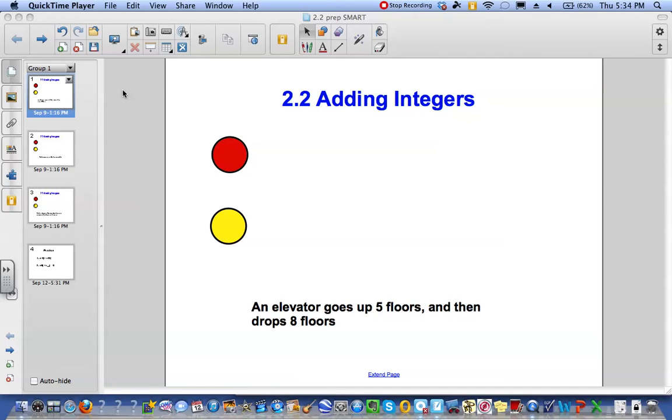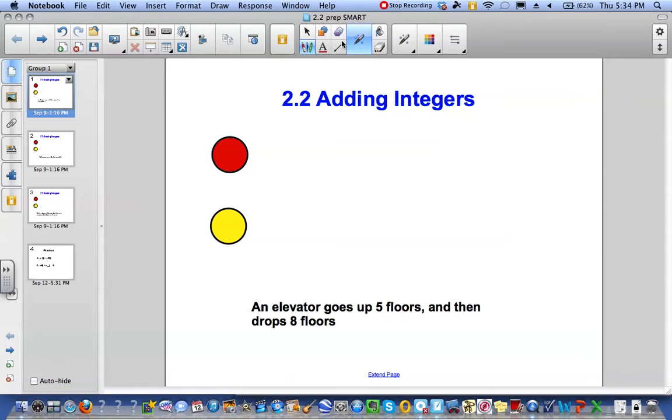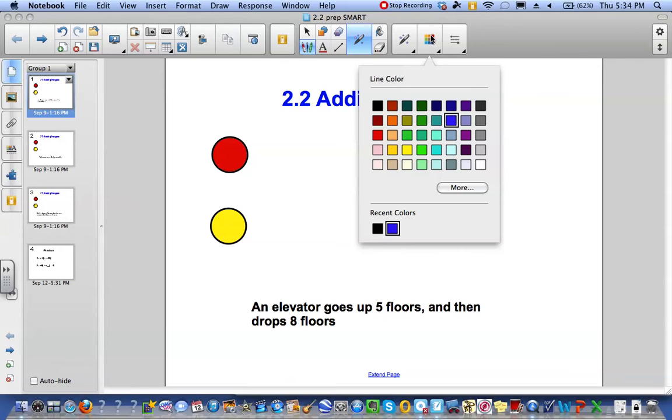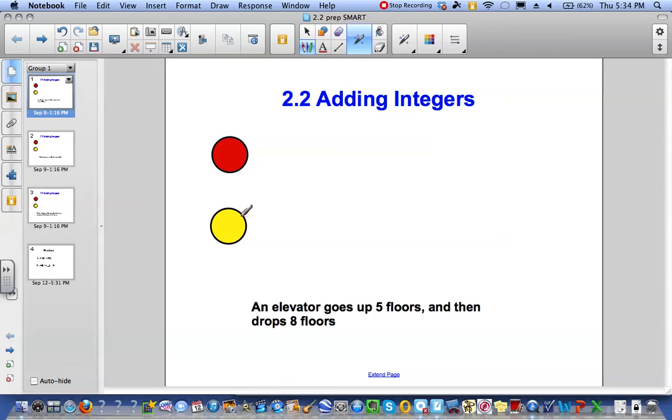So in this case we have an elevator. In this problem we have an elevator that goes up 5 floors and then drops 8 floors. So we're going to say that obviously our positives are yellow and goes up 5 floors.